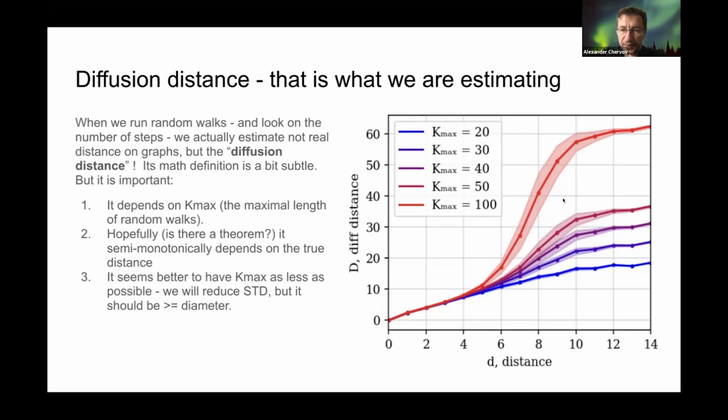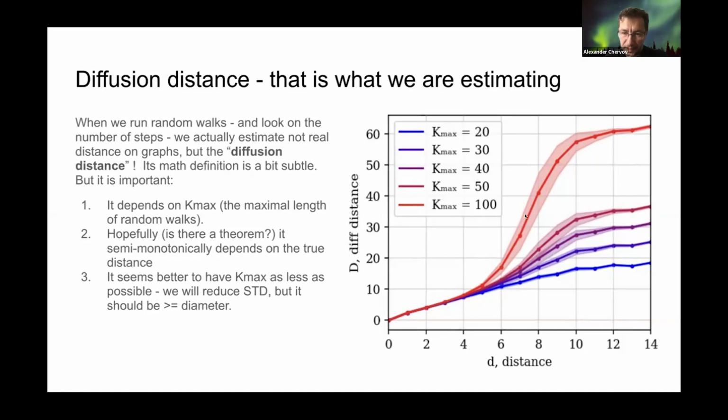And so you see how things change with respect to the choice of the length of the random walk. If we choose it quite small, near the diameter, so 20, it more or less goes as the true distance.